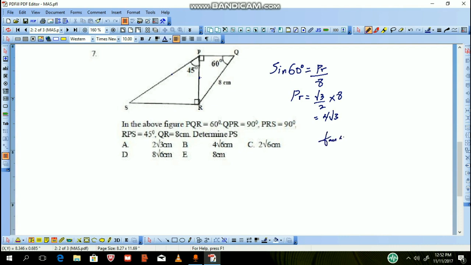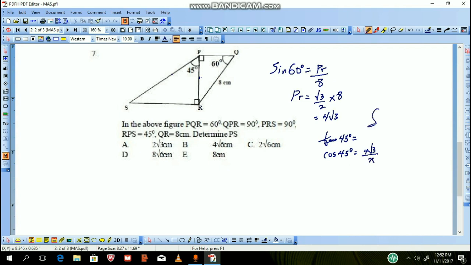cos 45 will be equal to, from SOHCAHTOA, adjacent, which is 4 root 3, over hypotenuse, which is what we are looking for.